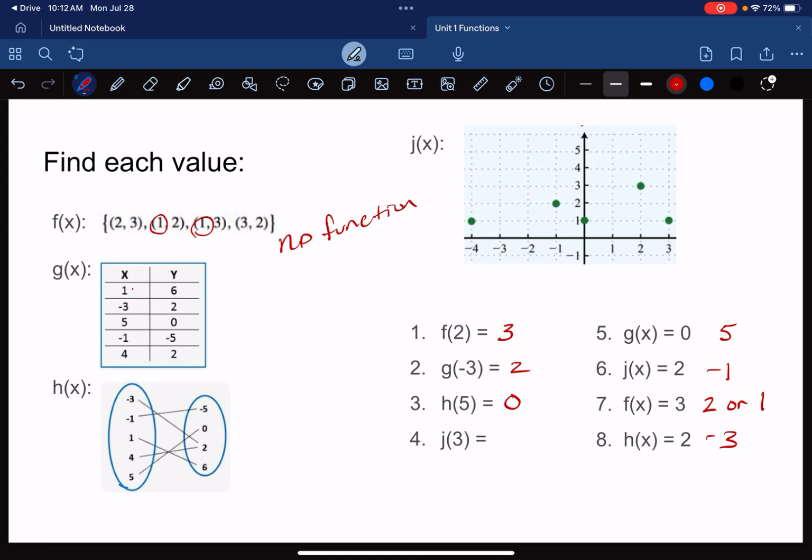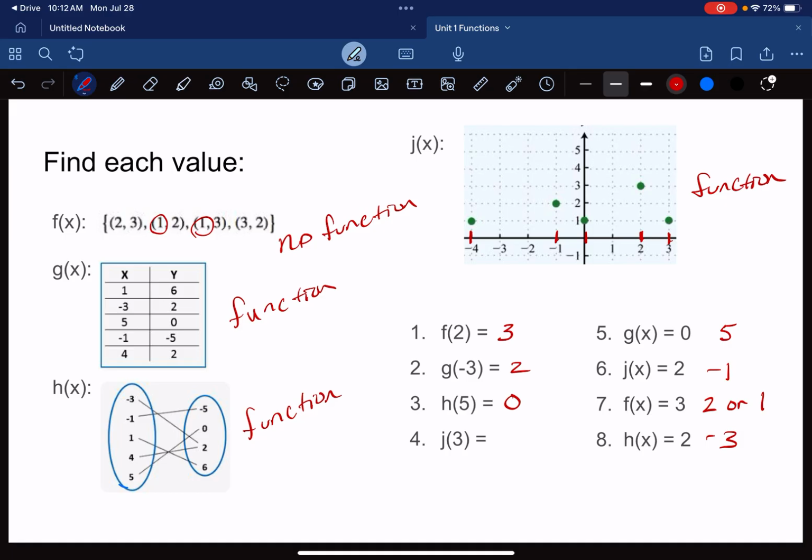I don't see any repeating x values in G, so this one is a function. 3, negative 1, 1, 4, 5, this is a function. And if you look, the x coordinates of these points are negative 4, negative 1, 0, 2, and 3. So this is a function.